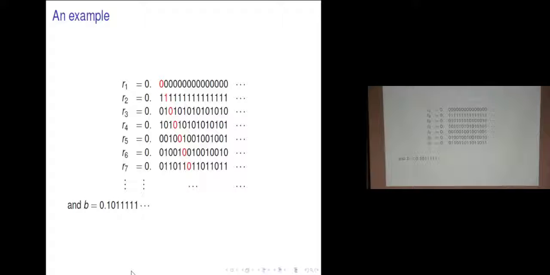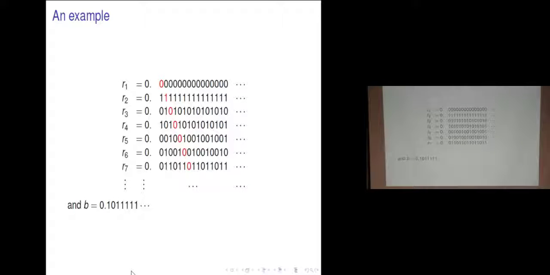It is 0, so my fourth digit is 1. And so on and so forth. So look at the diagonal position and define your number there against the nth element. Use your nth digit to diagonalize against the nth element.